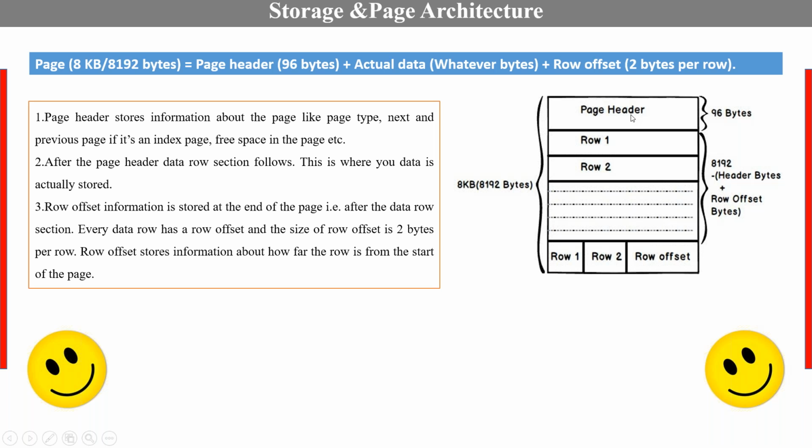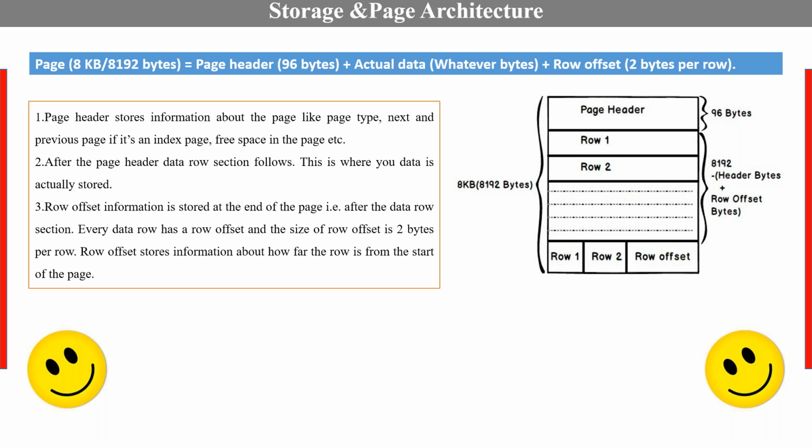The header section will contain the complete information about the page: page ID, object details, how much free space is available, how many slots are available. All this metadata information will be residing in the page header. The size is 96 bytes, not kilobytes, sir, it is 96 bytes.